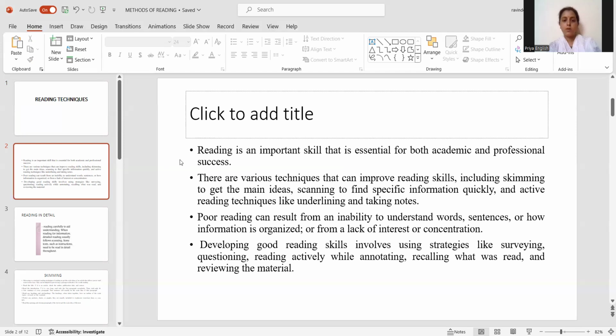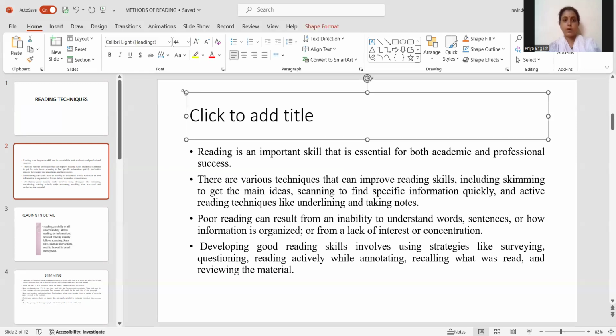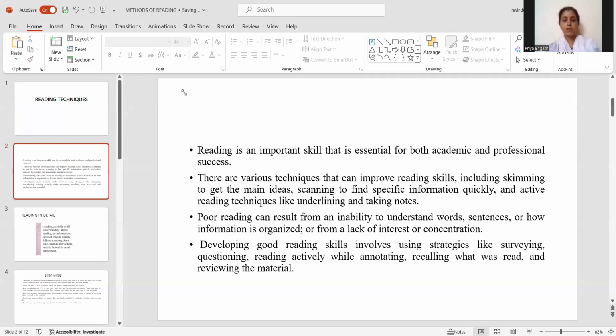We'll go through the basic things, and then we will start with the techniques of reading. Reading is an essential skill for both academic and professional success. Without reading, we cannot expect ourselves to be successful.